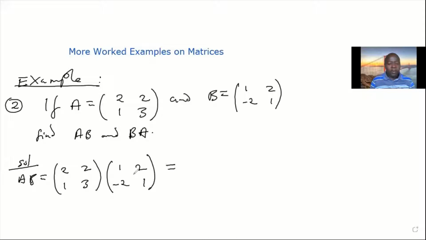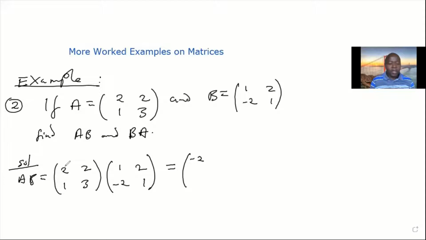And remember how we do this. It's this row times this column, then again this row times this column, and then this row and this column, and this row and this other column, as you add. So 2 times 1 would be 2, and then 2 times negative 2 would be negative 4, so that will be 2 minus 4, giving us negative 2.